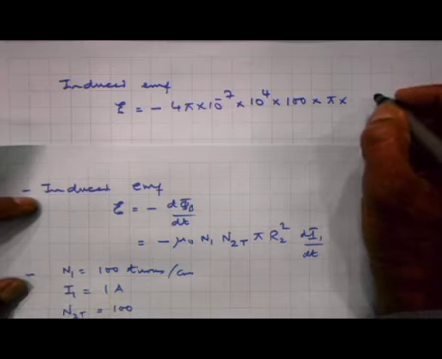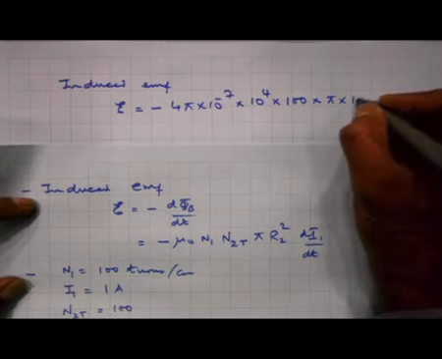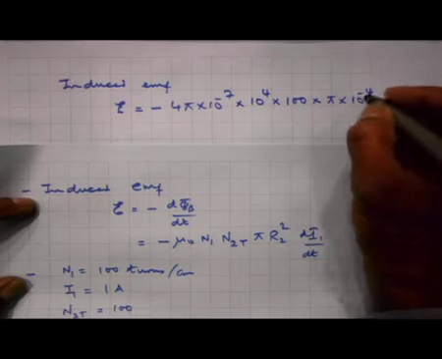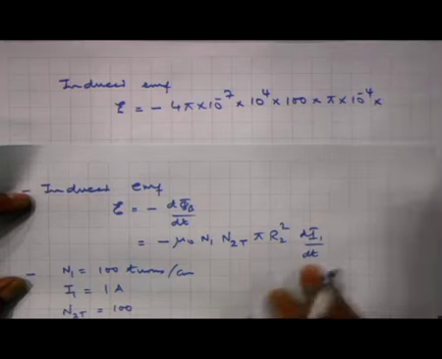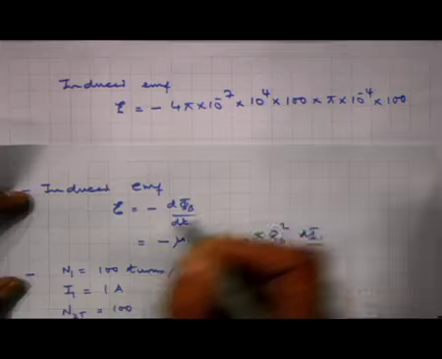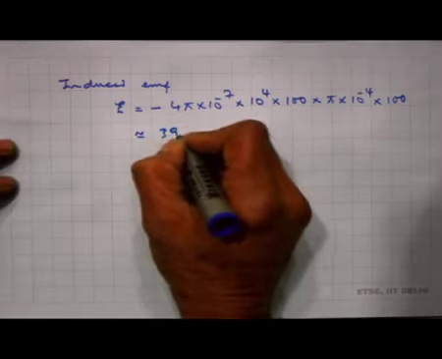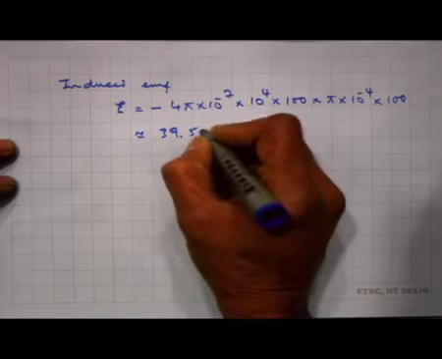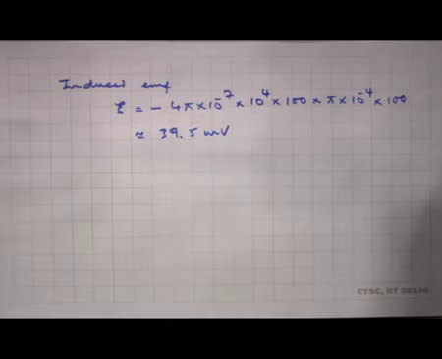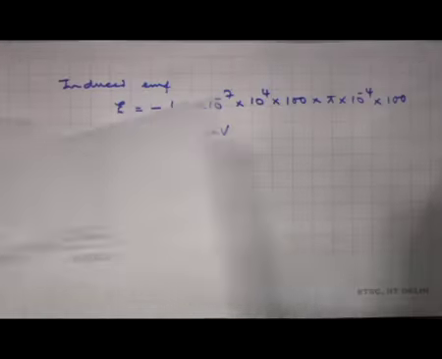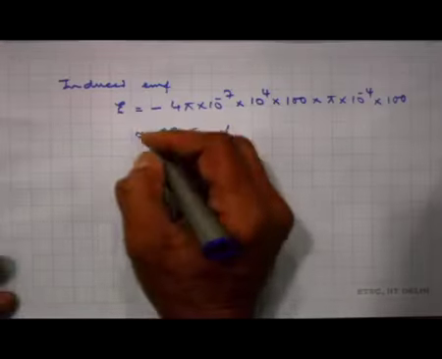I have assumed a radius of 5 centimeters, so that is 10 to the minus 4 meter square, into di1 by dt, which is 100 amperes per second. We can substitute all this and get approximately 39.5 millivolts. So, the inner solenoid has an induced EMF of about 39.5 millivolts.